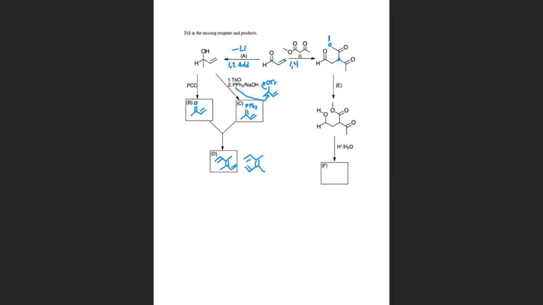Okay, so from here to here, it looks like I turned this aldehyde into an alcohol, so we reduced it. However, these two carbonyls weren't reduced, so the only reagent we could use is probably the Stab reagent.